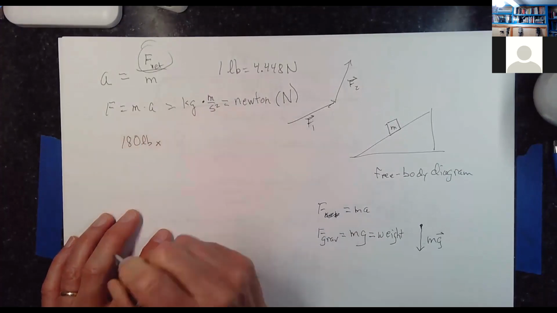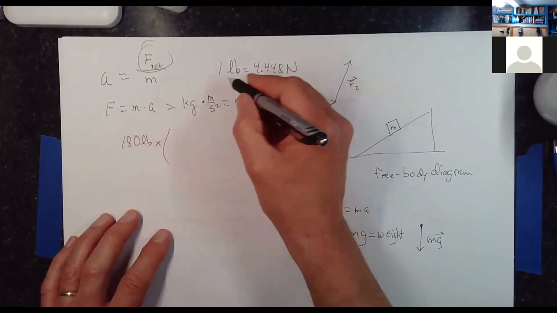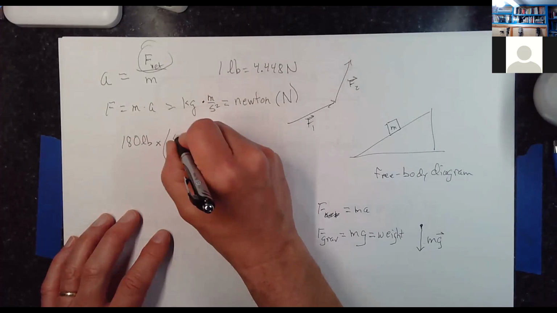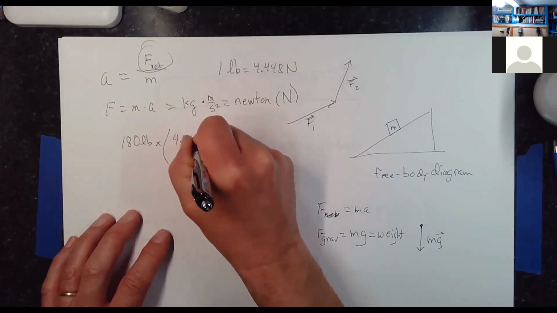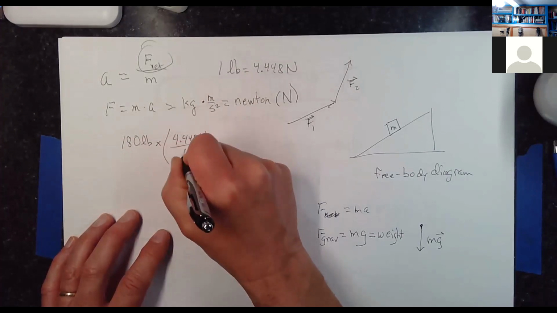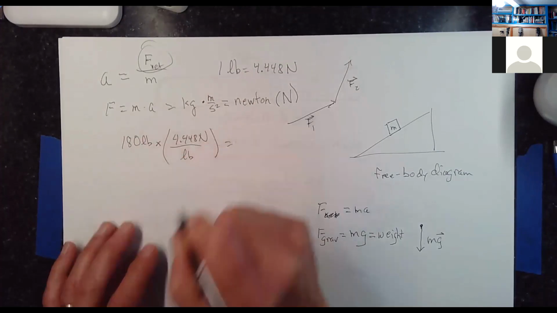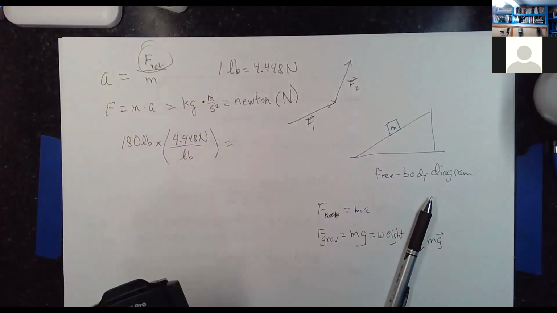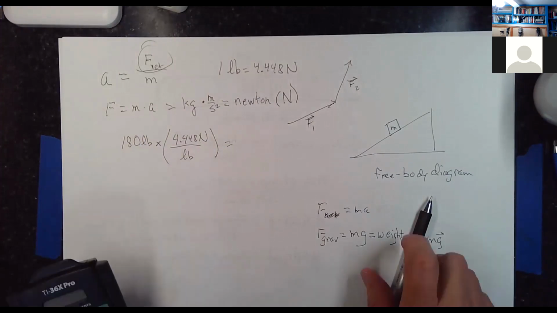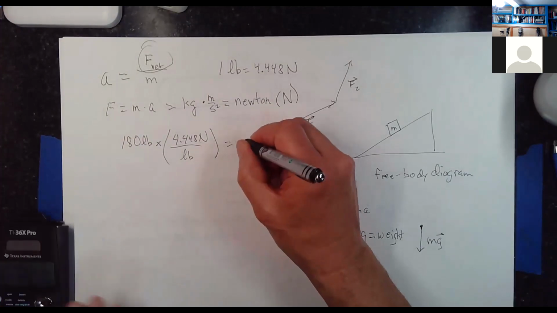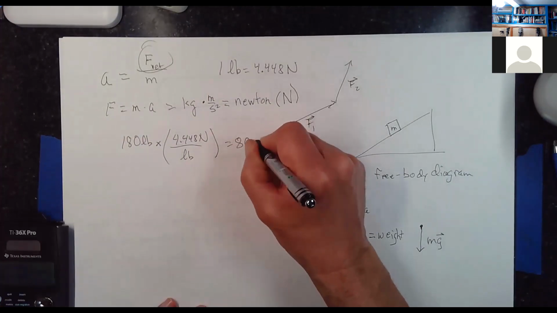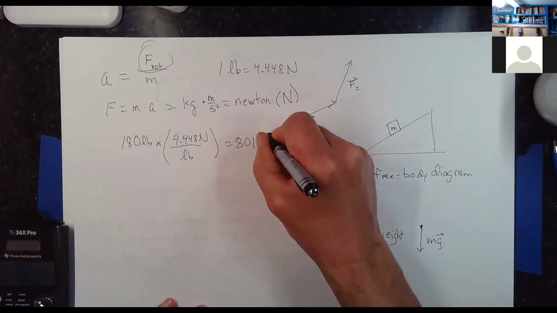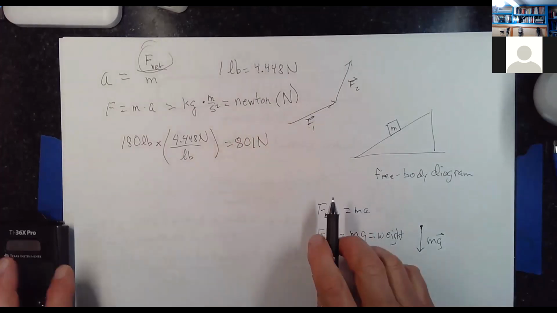Their weight in newtons would be, if I multiply by this conversion factor, 4.448 newtons per pound. And that'll end up being a fairly large number. It would be about 801 newtons.